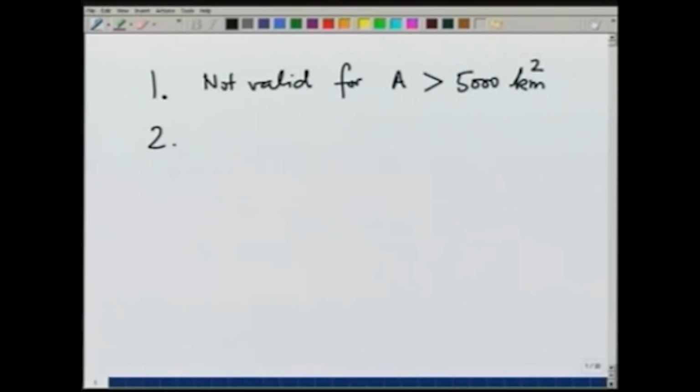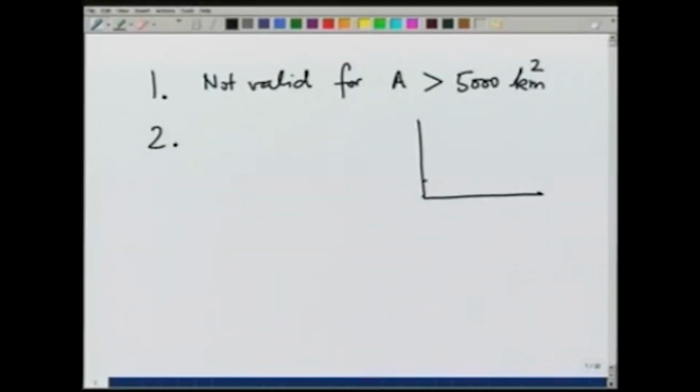The second limitation is that we have assumed that the rainfall occurs at a uniform intensity for certain duration. In practice, an actual rainfall event may not follow a uniform intensity for a large period of time. The actual rainfall pattern may look like this.